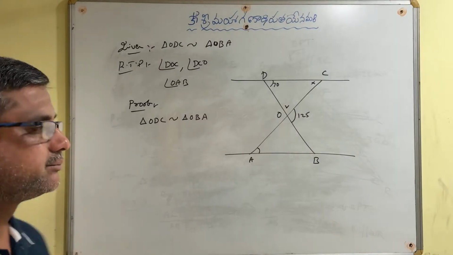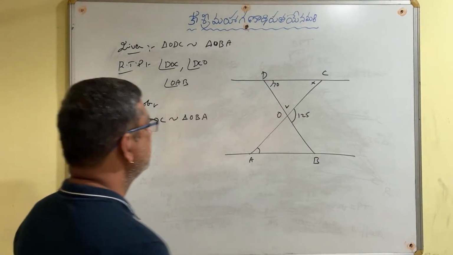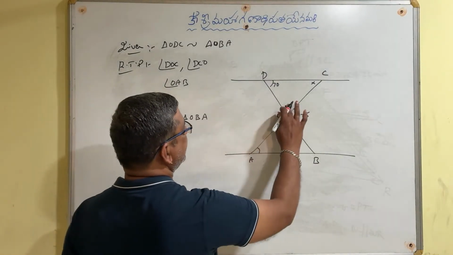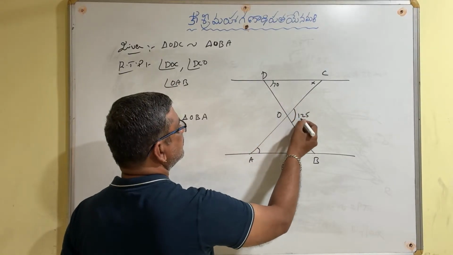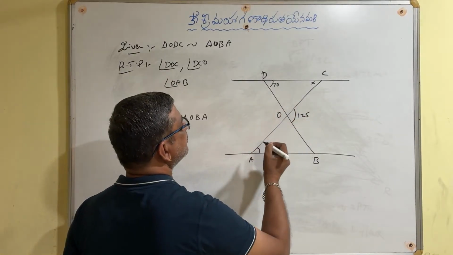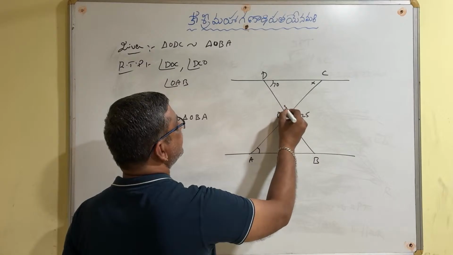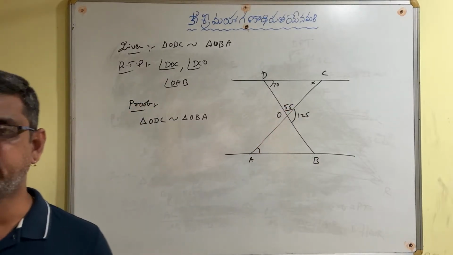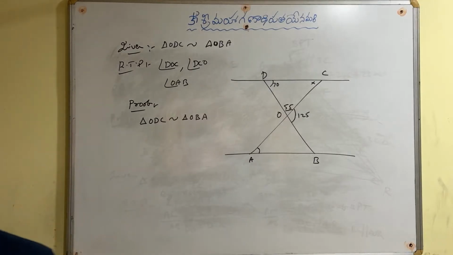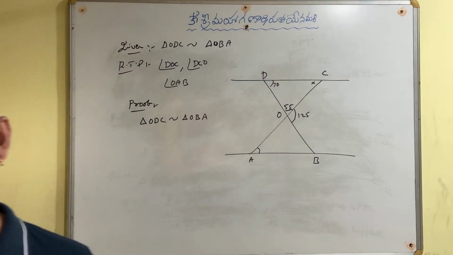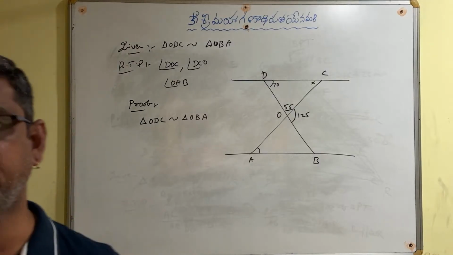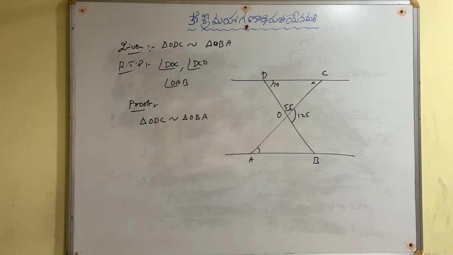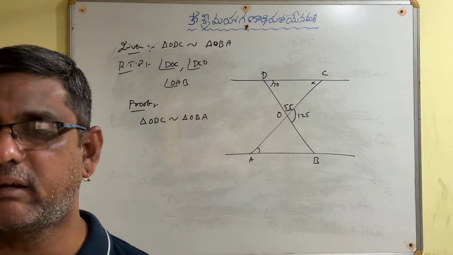Before that, we can observe over here, if this is 125, this will be 55, because both form a linear pair of angles. Angle BOC is 55, given, then angle DOC will be 55, because we can observe a linear pair of angles over there.